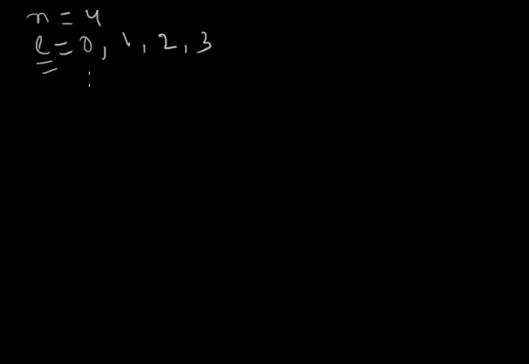So L equal to 4 is not possible. We should remember that when L is 0, it is denoted by S. When L is 1, it is denoted by P. When L is 2, it is denoted by D. And when L is 3, it is denoted by F.